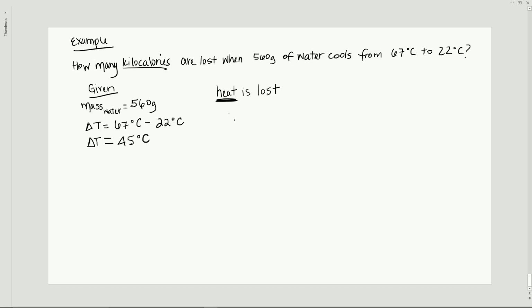So the formula for heat that we would need to use is heat equals mass times delta T times specific heat.